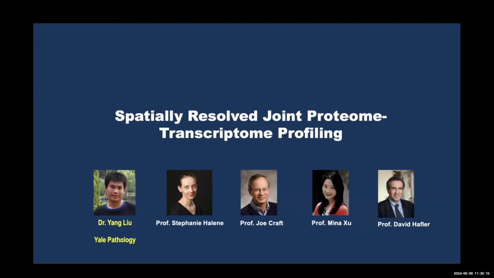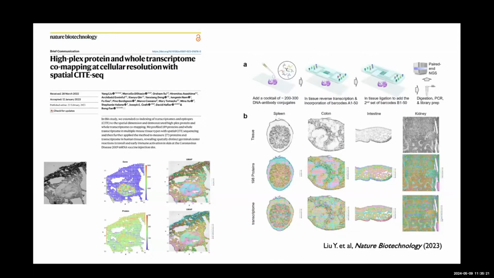Honestly, I would not call that the proteome. But the question is, can we really map hundreds of proteins? It's totally possible, it turns out. We were able to develop a panel of antibody-DNA conjugates to map about 300 proteins for a variety of human tissue samples, and about 200 for different mouse tissue samples.